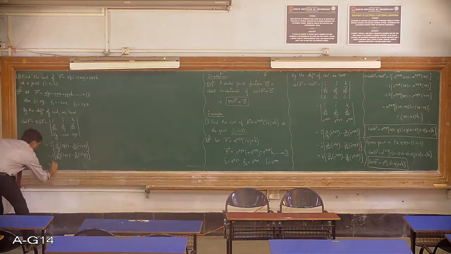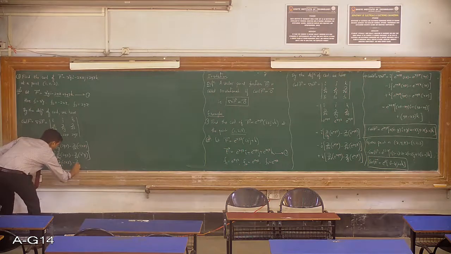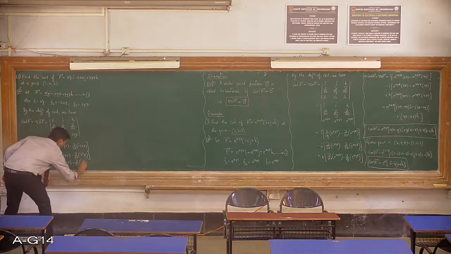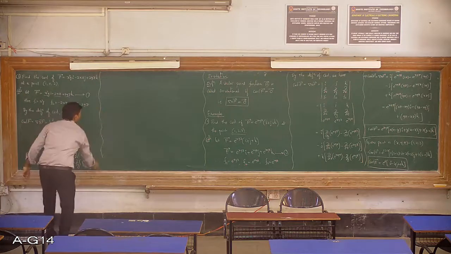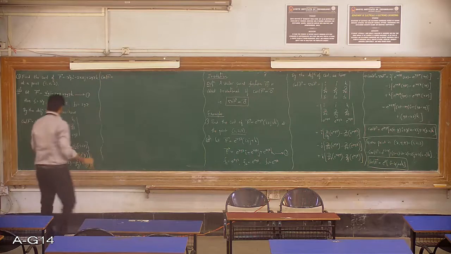Next, plus k in the bracket dou by dou x of minus 2xz minus dou by dou y of x square y. Okay, so now that means curl F is equal to, now elaborate this.